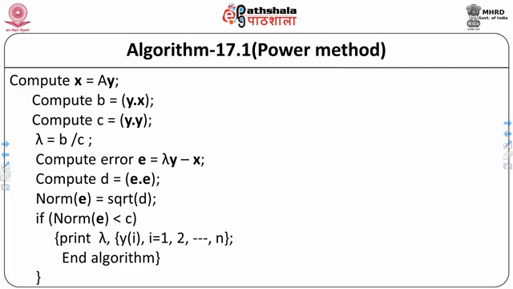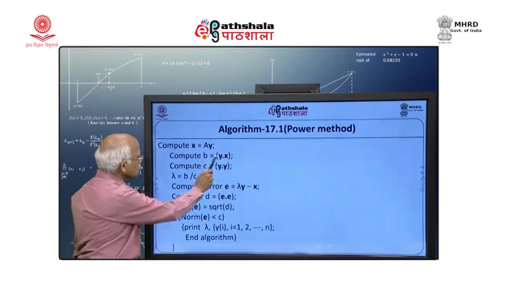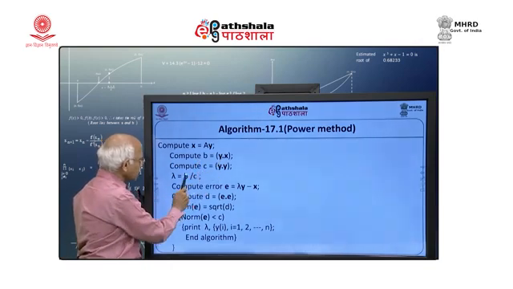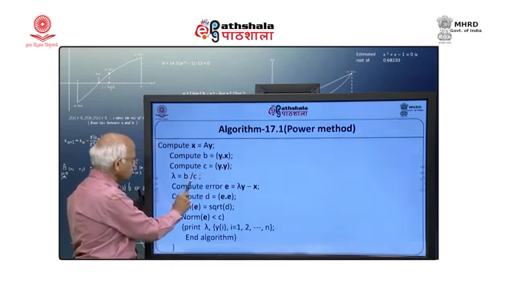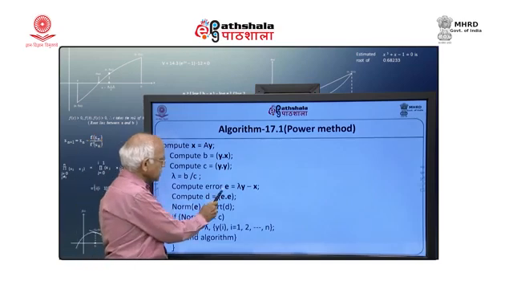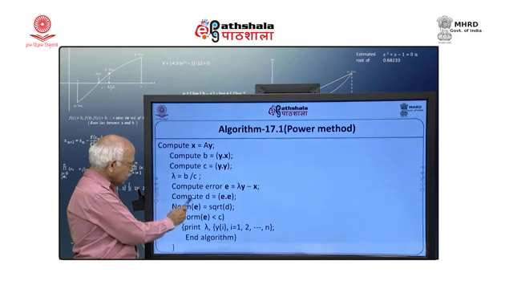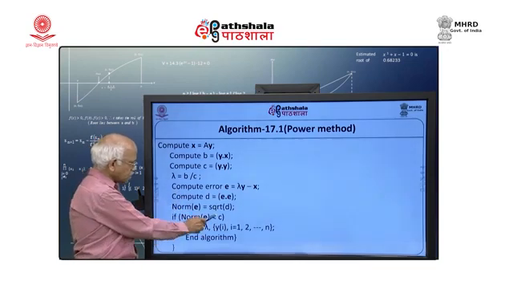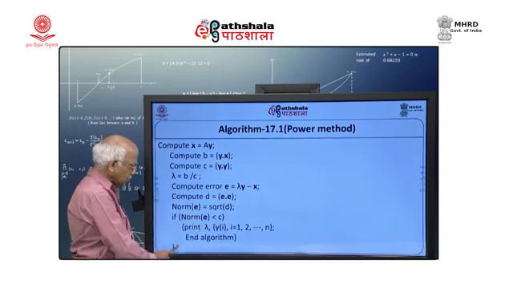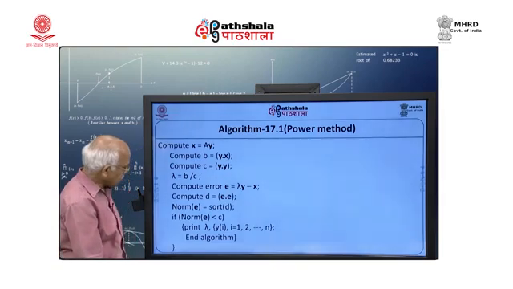Compute x bar equal to A y bar, then compute b equal to y bar dot x bar, compute c equal to y bar dot y bar. So, this gives me lambda equal to y dot x bar by y dot y bar. Then compute the error e bar as lambda y bar minus x bar, and find the norm of the error. If the norm of the error is less than c, we terminate the algorithm, otherwise we continue in the for loop.